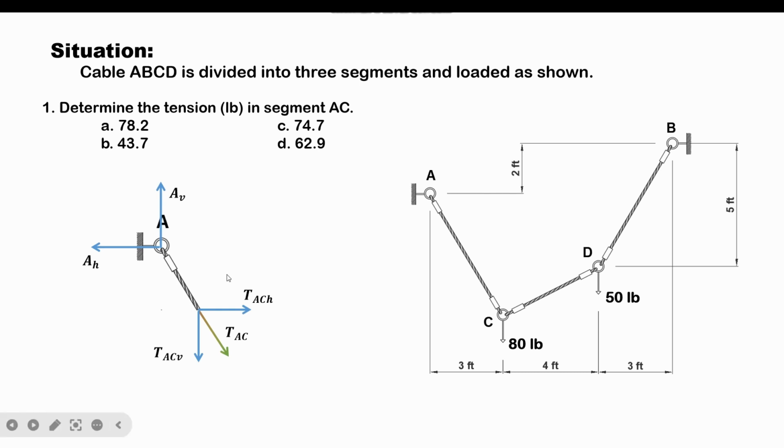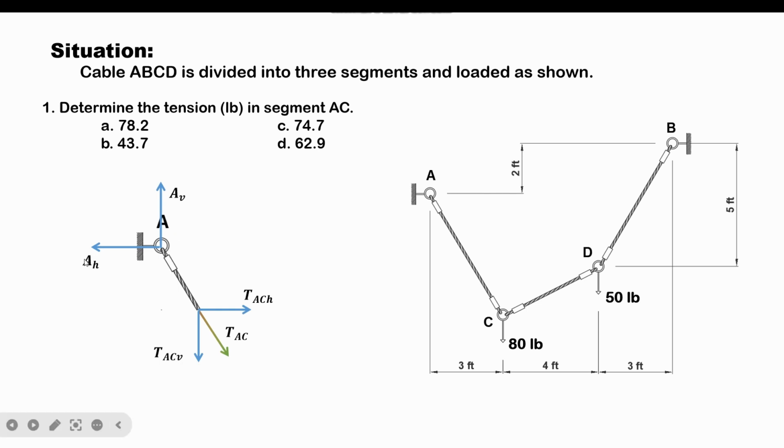Since there are only 2 vertical forces and they act in opposite directions, we attain equilibrium only if AV and TACV are equal in magnitude. What do I mean by that? AV should be equal to TACV in order for point A to be in equilibrium.